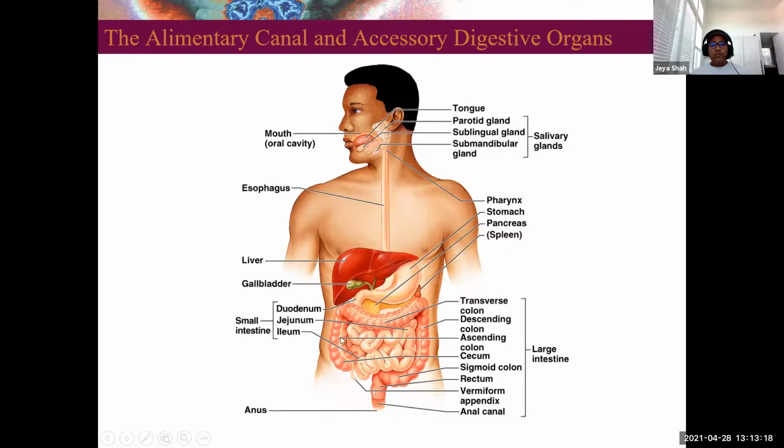Whatever is not digested and absorbed passes from the small intestine to the large intestine, which absorbs most of the water, and then whatever is left in the form of feces passes down. This is the generalized idea of the digestive system, organs, and processes.